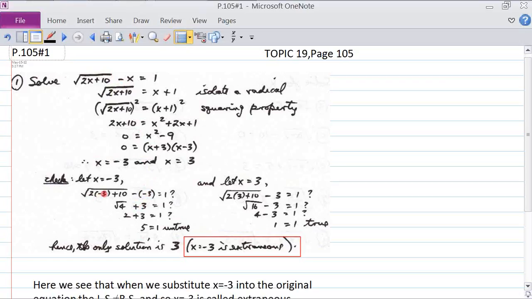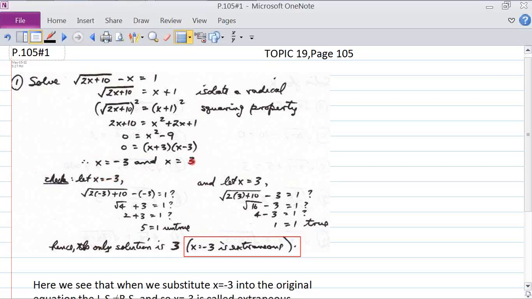So 2 times minus 3 is minus 6, plus 10 is the square root of 4. We get 2 plus 3, which is 5. So this is the left side, but the right side is 1. So this is untrue. So the solution of minus 3 doesn't work, and we call that an extraneous solution.